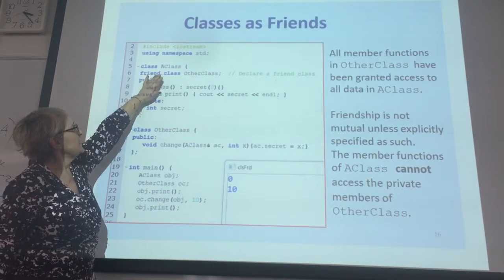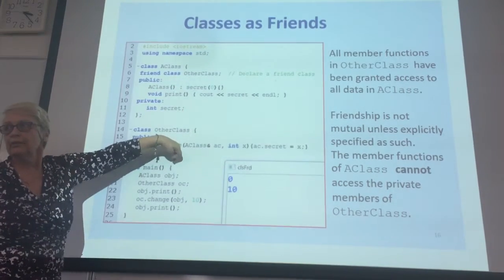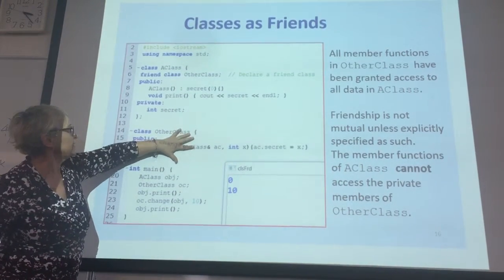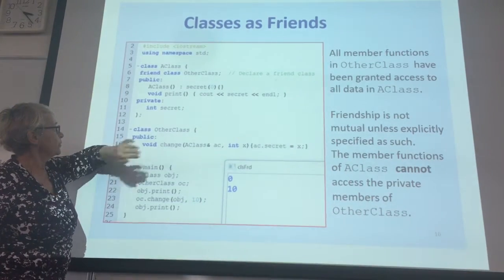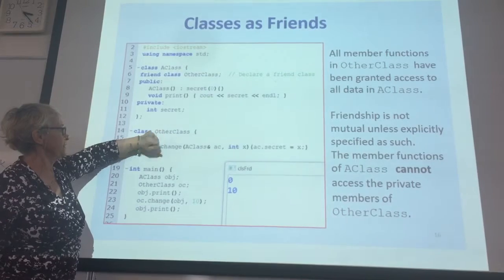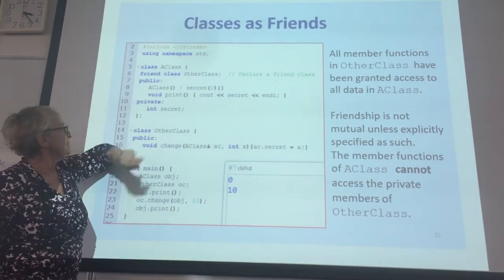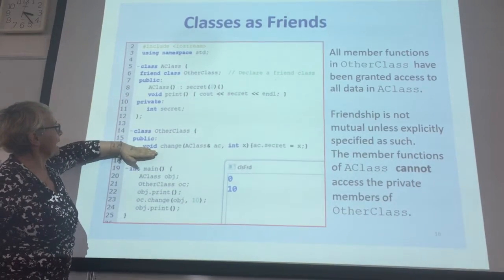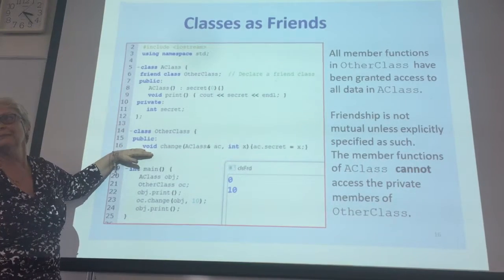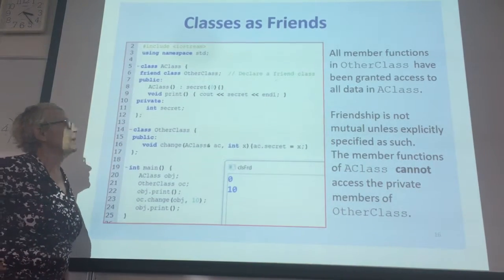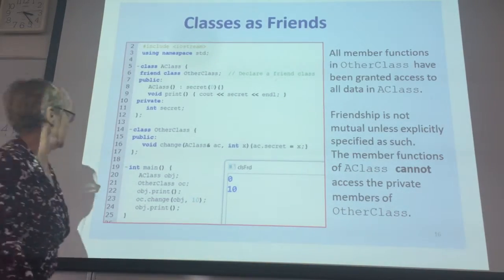Class A declares the other class to be its friend, therefore the other class has access to A. But the other class does not give any privilege to A. In other words, A can't access anything which is private there. So be aware of this non-symmetrical relationship.